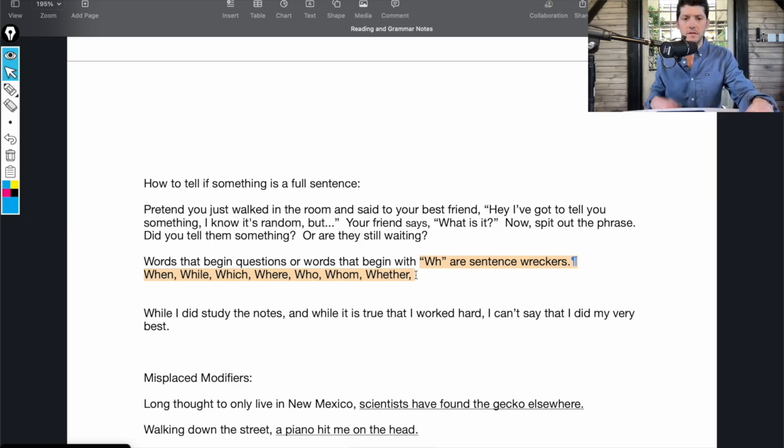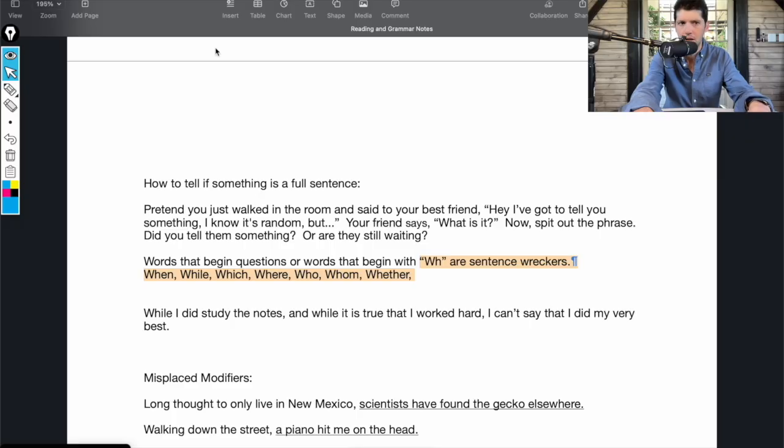Or I could say, when I believe in truth, or while I believe in truth, or whether I believe in truth, and none of those are full sentences anymore, right? So something that was a full sentence becomes not a full sentence. Okay. So now we have a basic framework to think about our punctuation rules.